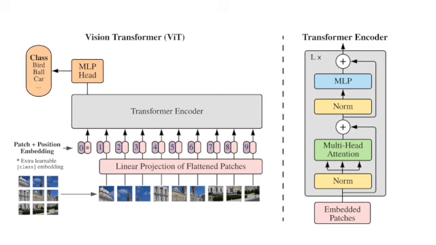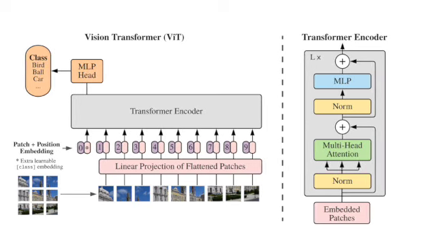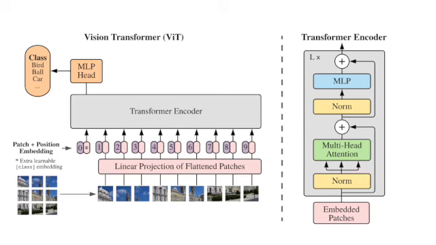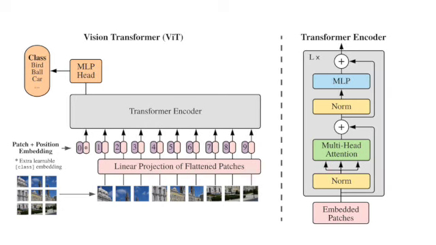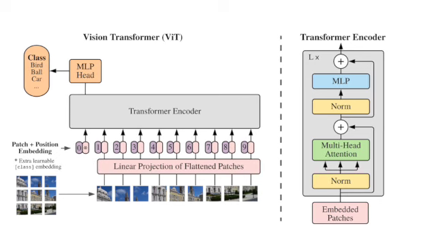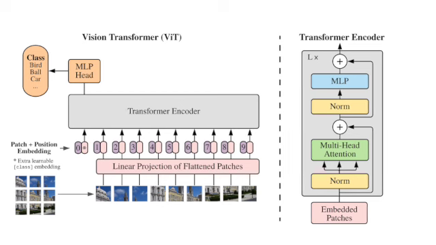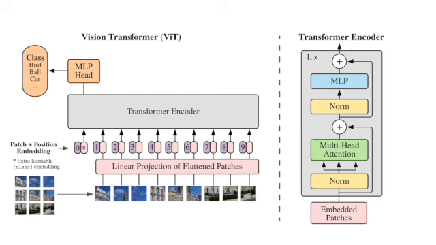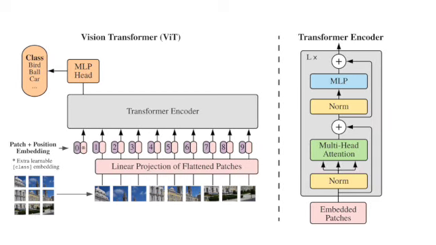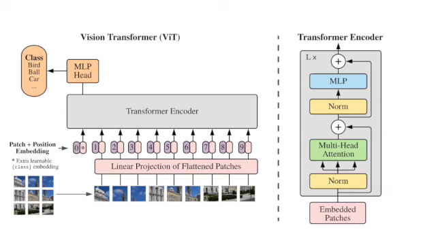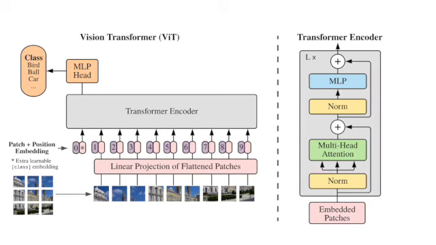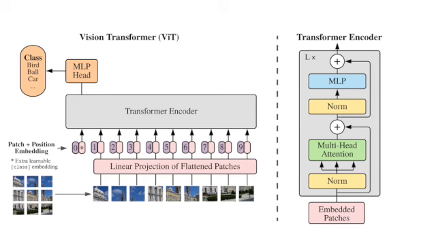And the gap isn't insurmountable. Even with those smaller data sets, the research found that the more you train ViT, the more it closes the gap with CNNs. So it just needs a little more time in the gym. Yeah. It suggests that as these data sets grow, which they inevitably will, ViT might just be the go-to approach for a lot of these things.